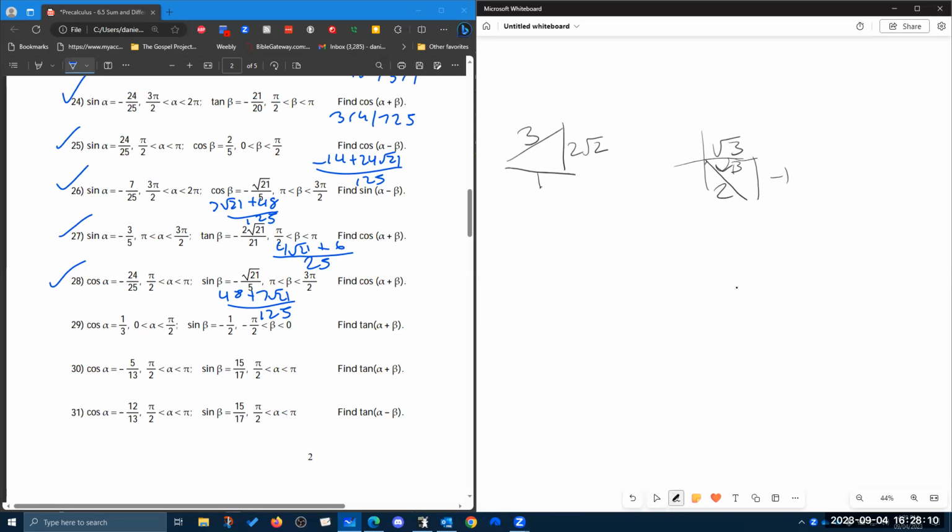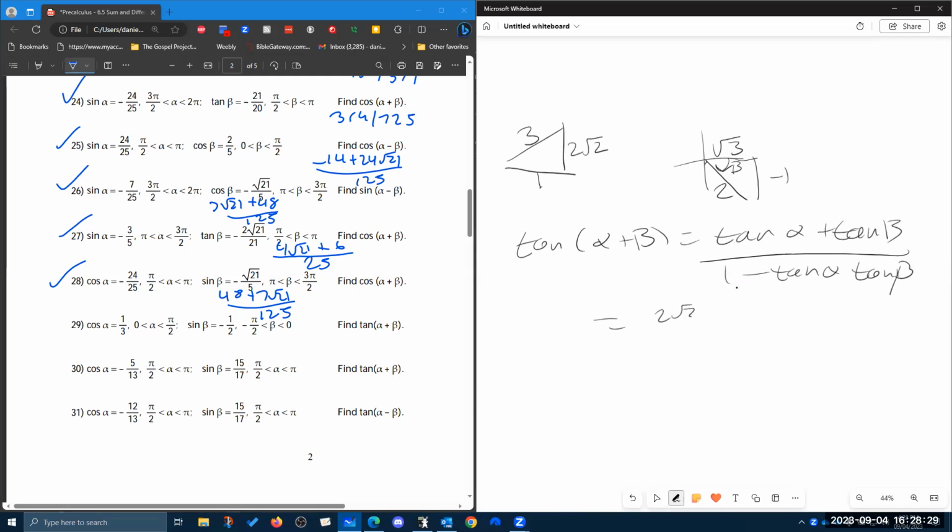I want to find tangent of alpha plus beta, which is tan alpha plus tan beta over 1 minus tan alpha tan beta. Tan of alpha is 2 root 2 over 1, plus tan beta is negative 1 over root 3, over 1 minus 2 root 2 over 1 times negative 1 over root 3.